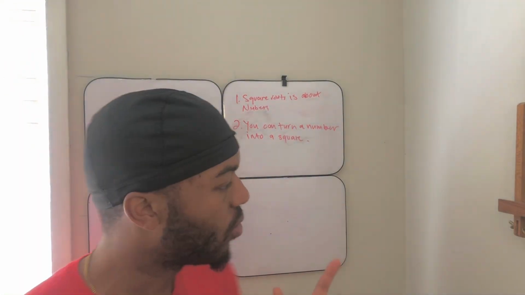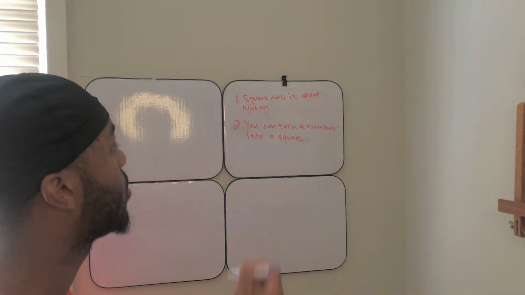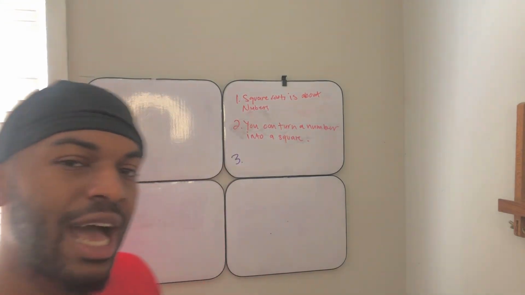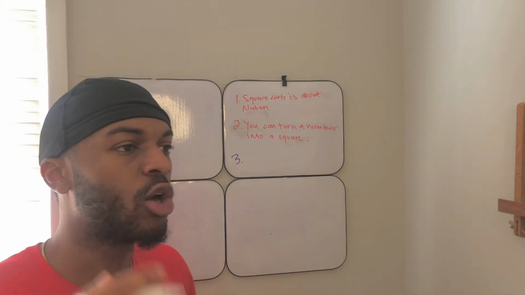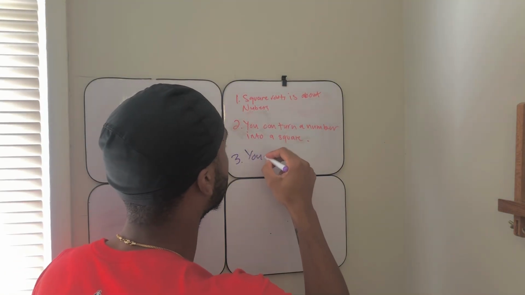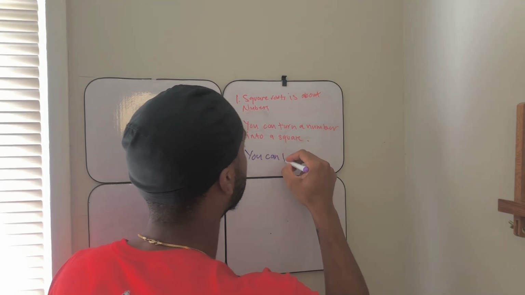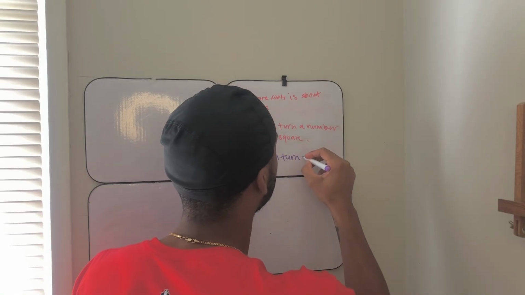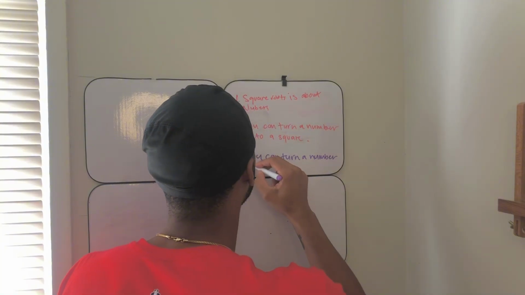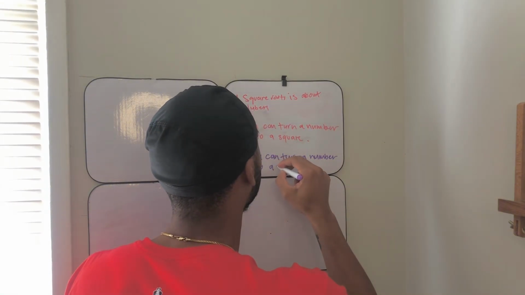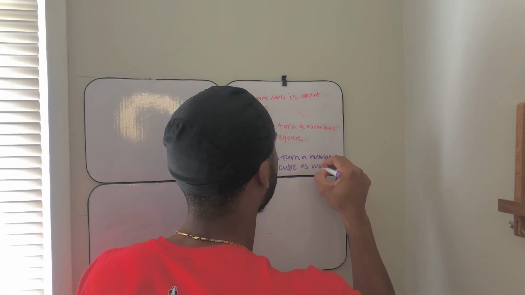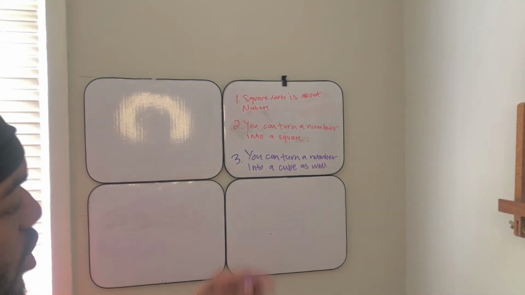Now, like I said, you don't want to get mentally married to the idea of the square root, because it goes beyond that. You can turn the number into a cube as well.